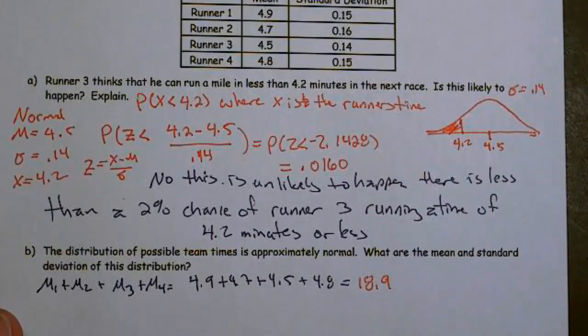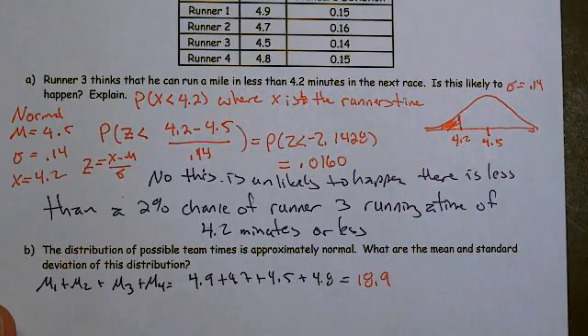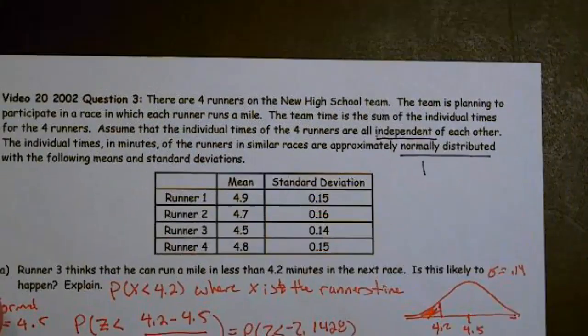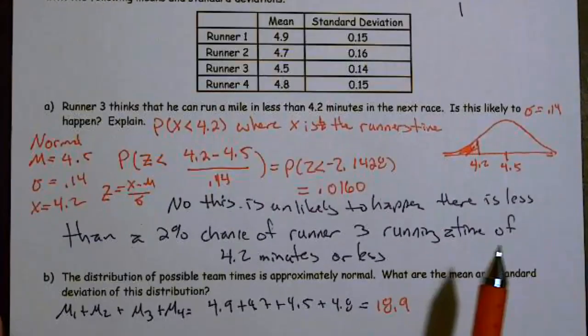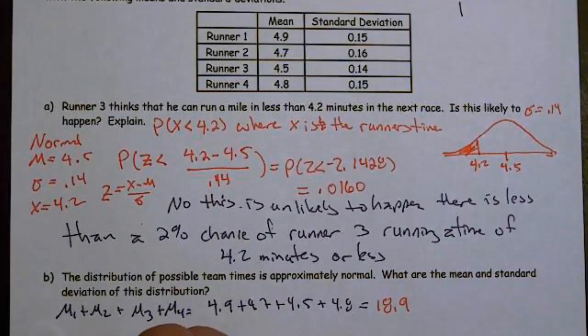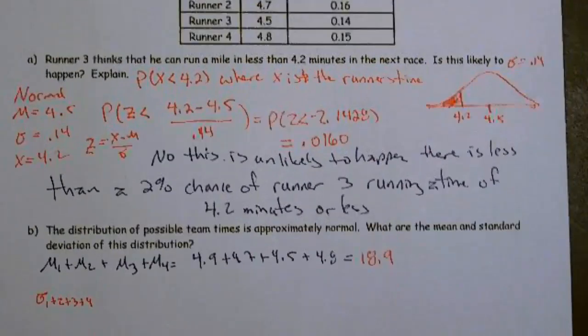Then they asked for the standard deviation. A couple things. To add standard deviations, they must be independent. And the other thing is we can't really add them directly. So we're looking for the standard deviation of 1 plus 2 plus 3 plus 4.